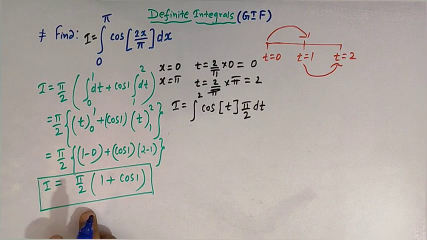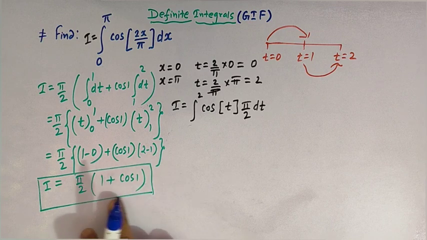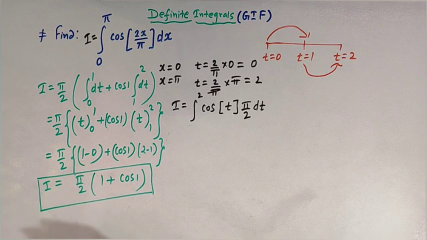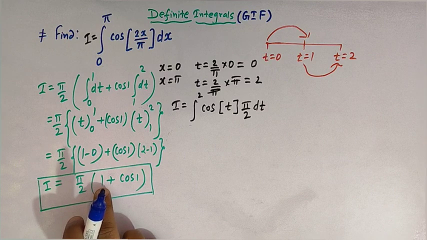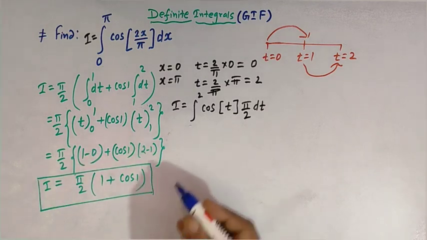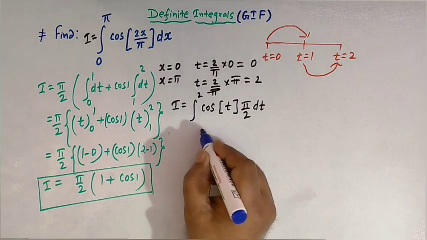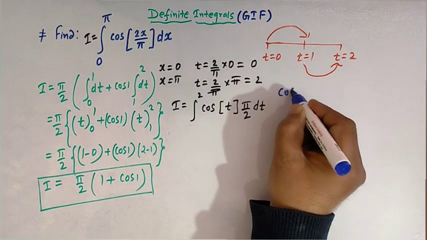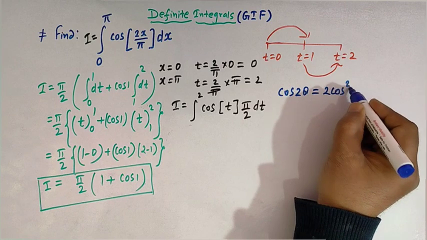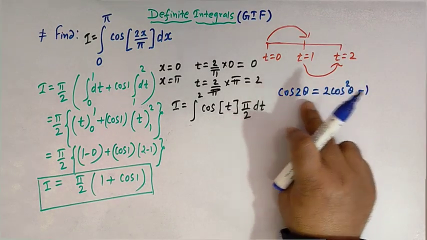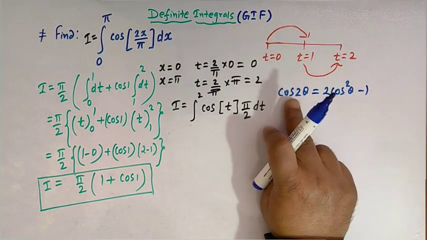So now it is an interesting exercise to express this result in some other form by using some trigonometry, right? So here I will express this expression in terms of another expression by using this result, that is cosine of 2 theta is equal to 2 cos square theta minus 1, right? So this is a famous result from trigonometry.